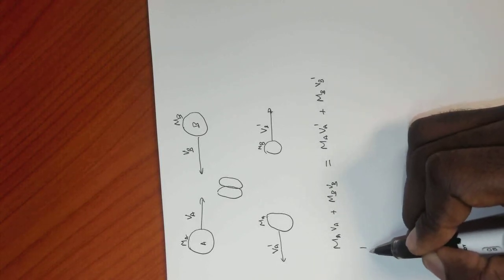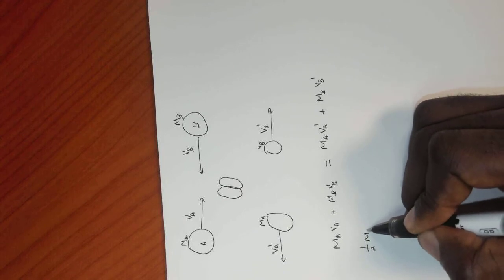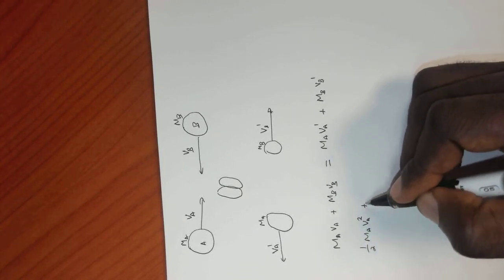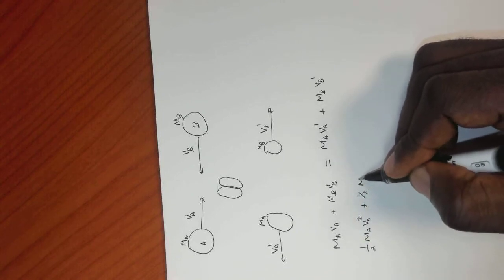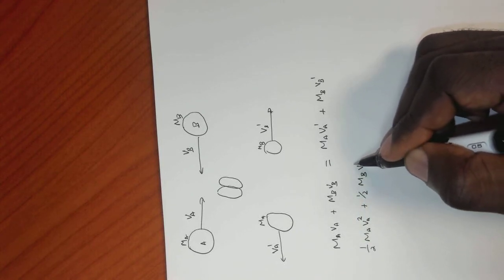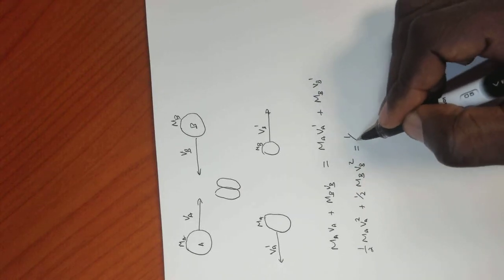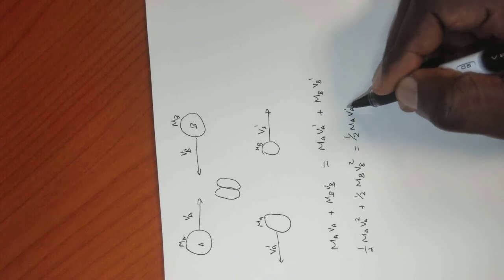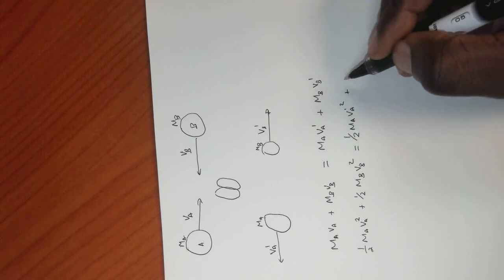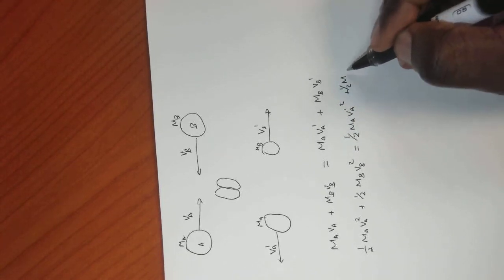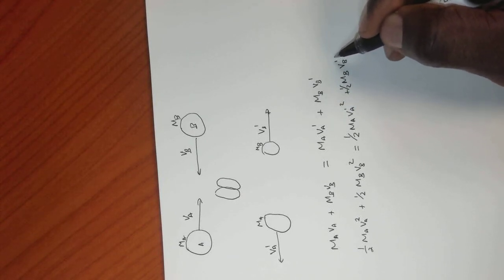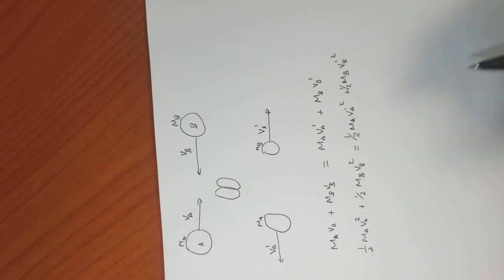So we can represent that as half MA VA squared plus half MB VB squared equals half MA VA prime squared plus half MB VB prime squared. Let's just give them random values.